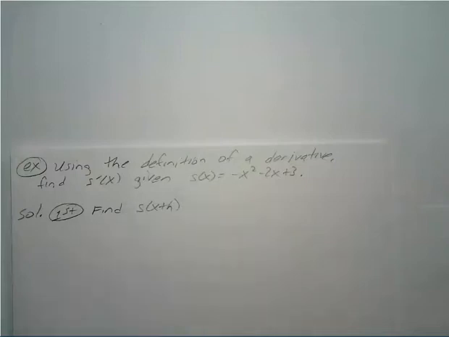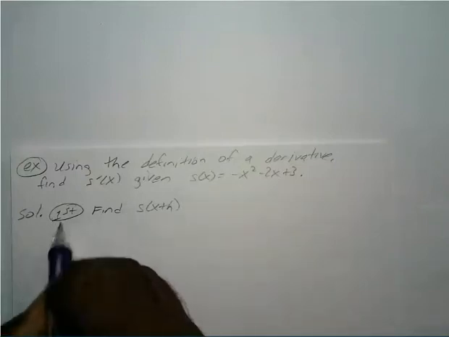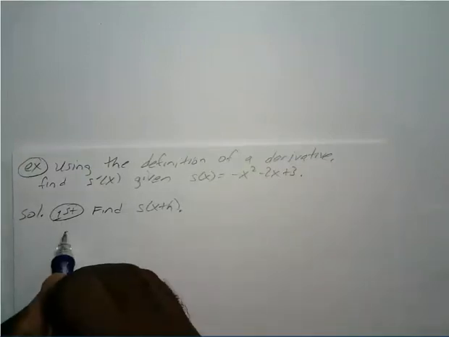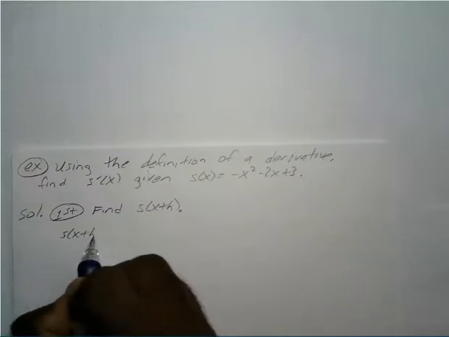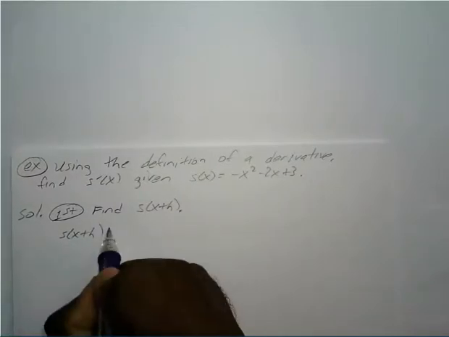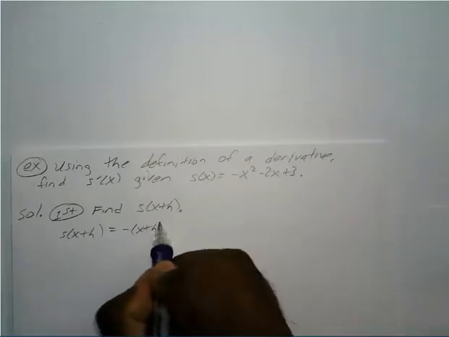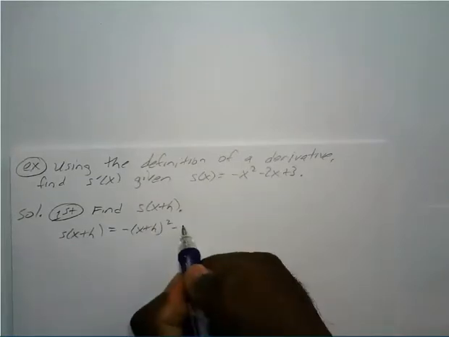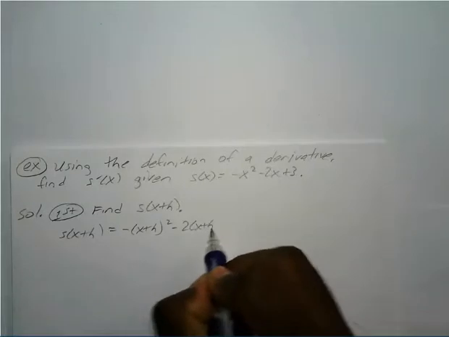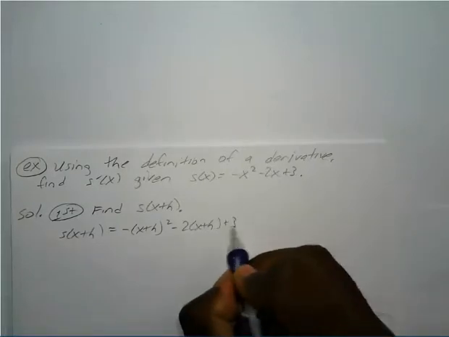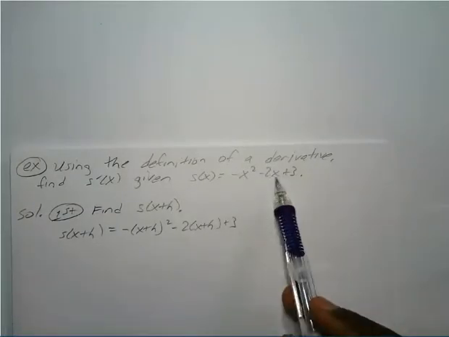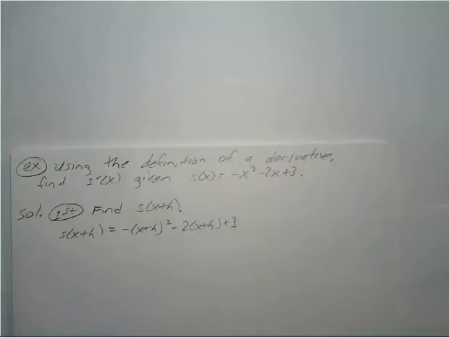It's the same first step. So s of x plus h is equal to negative x plus h squared minus 2 times x plus h, plus 3. Just replacing the x's again with x plus h.